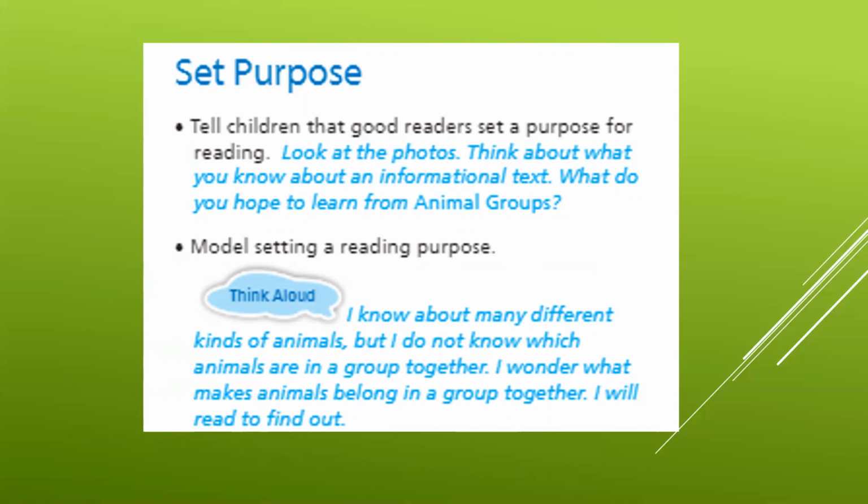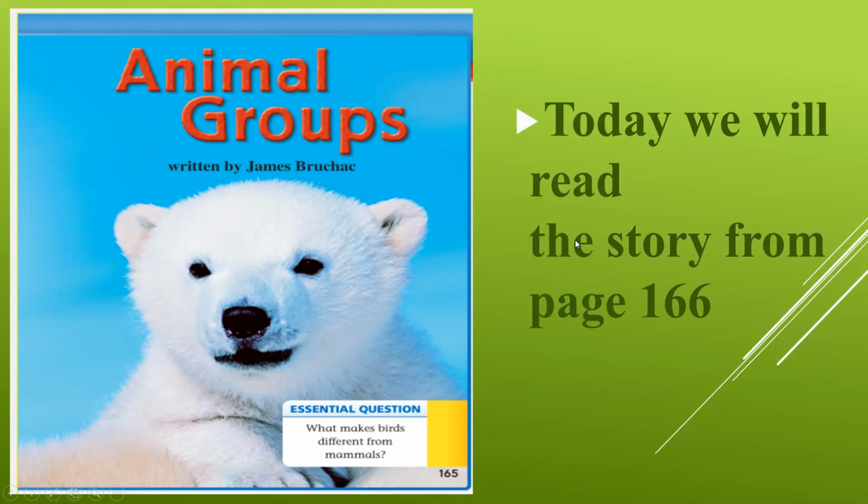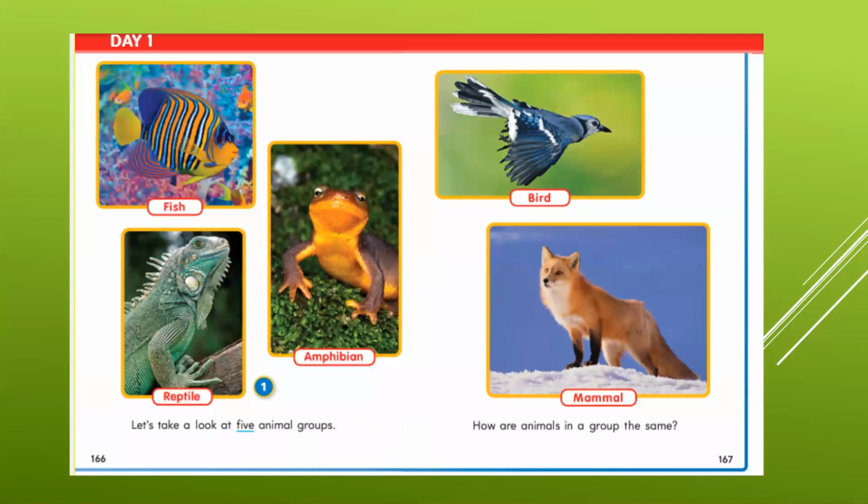Let's go through the story and let's read together. The title of the story, Animal Groups, written by James Buchanan. Let's read together today from page 166 to page 173. This is the first page of our story.